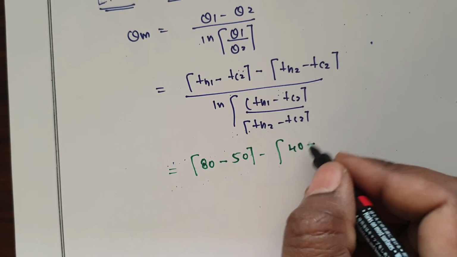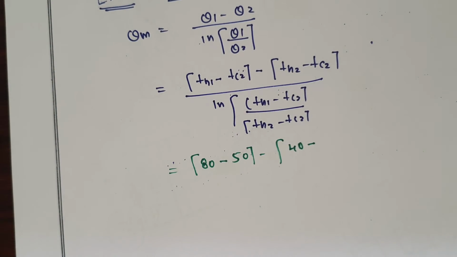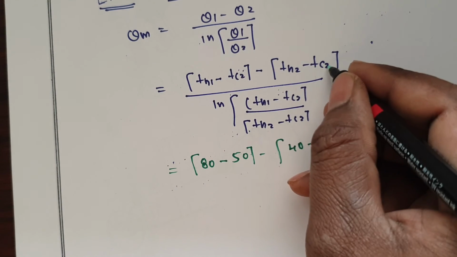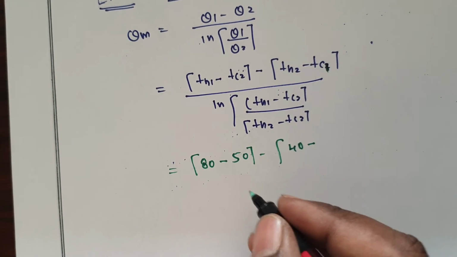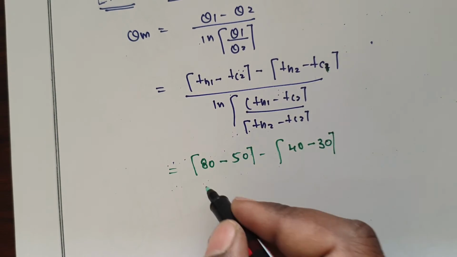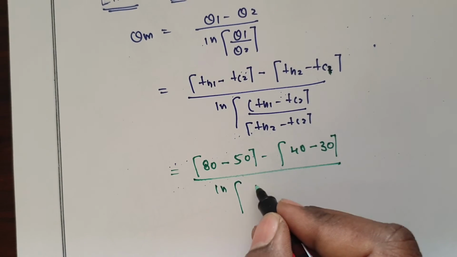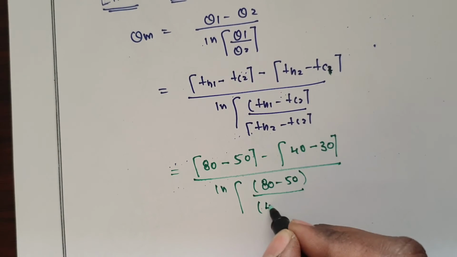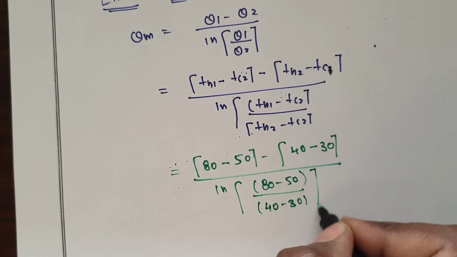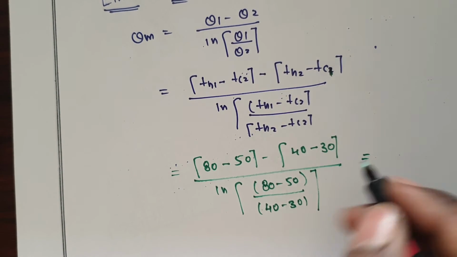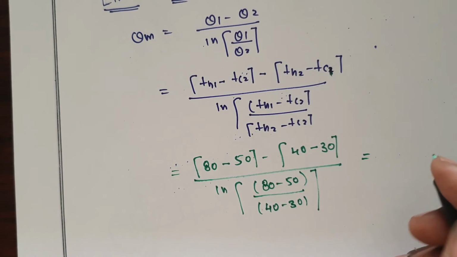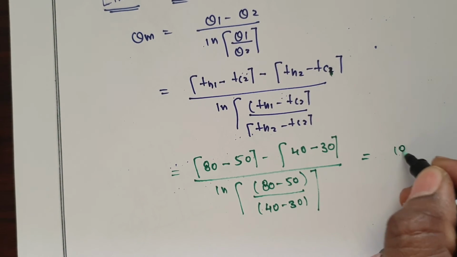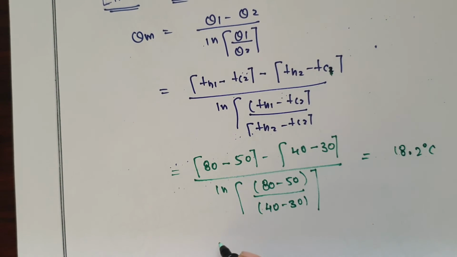Then TC1, here the TC1 value is 30. So ln of (80 minus 50) by (40 minus 30). If you solve this one, you will get the value of LMTD. How much will you get? 18.2 degrees centigrade. So here I will write theta m is equal to 18.2 degrees centigrade.